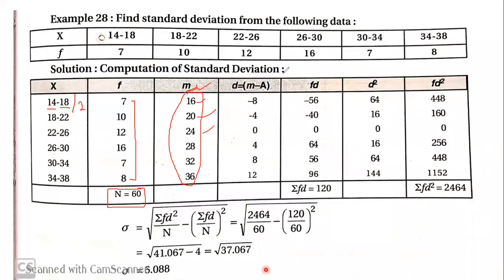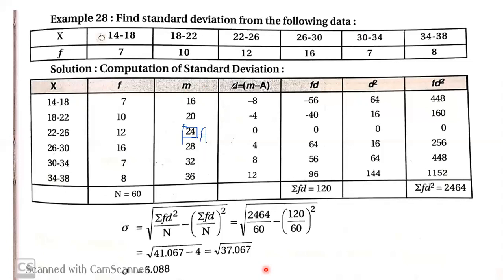Out of these numbers, in this problem we have taken 24 as the number. You can take any number from this. You can even consider 16 and do the problem. You can consider 32 or 36 or 20. Any number from this you can consider. In this particular problem, our assumed mean is 24.